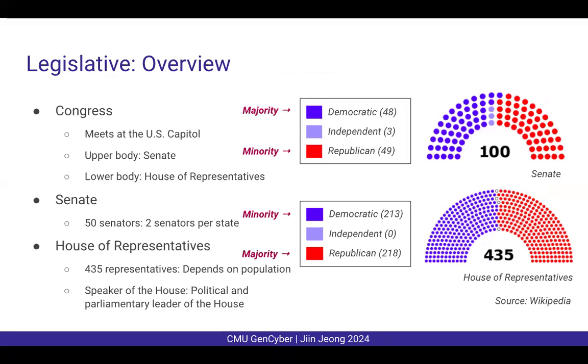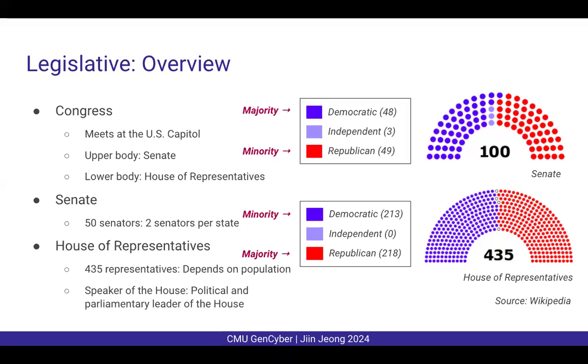So if we go more in depth into the legislative branch, it consists of the Congress, which consists of the upper body, the Senate, and the lower body, the House of Representatives. They meet at the US Capitol for discussing various issues and voting on various issues.